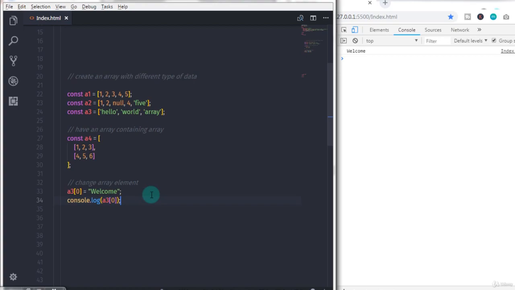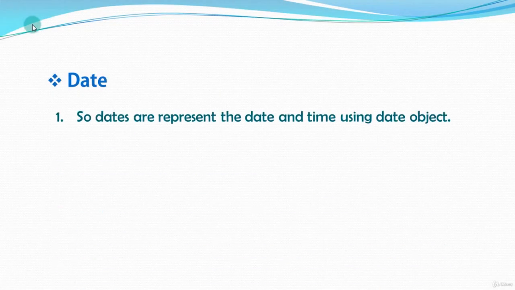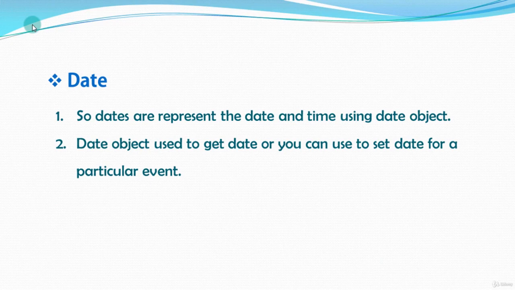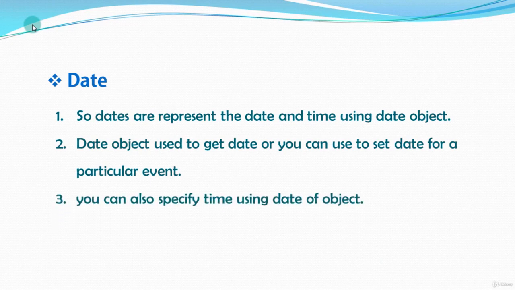Now let's talk about the new topic, date. Date represents the date and time using the Date object. The Date object is used to get a date, or you can use it to set a date for a particular event, and you can also specify time using the Date object.